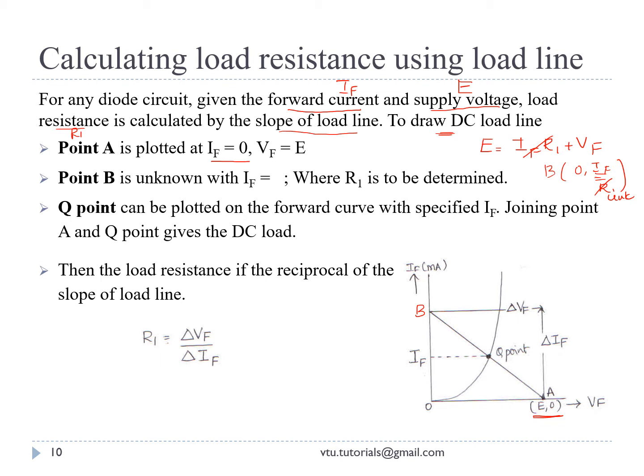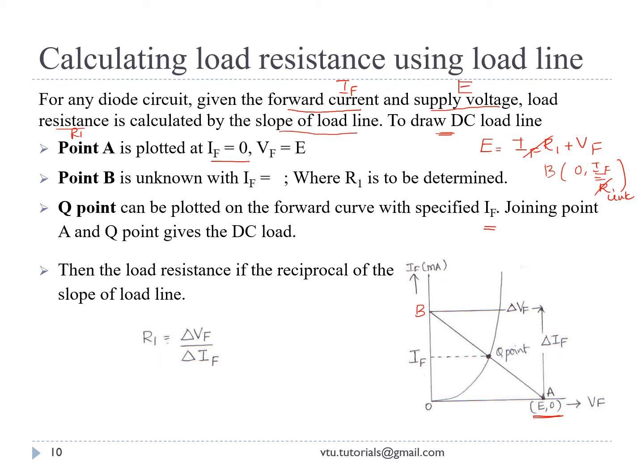The Q point is plotted on the forward curve with a specified IF. So IF is given, and knowing the value of IF, you can plot it on the forward characteristics curve. Whatever the given value is, for that particular point we draw a line towards the forward characteristics curve.